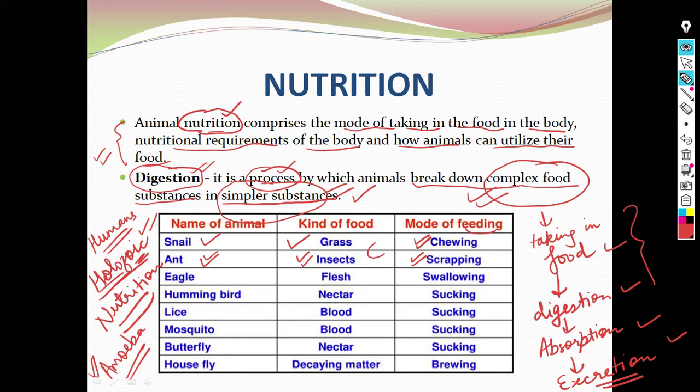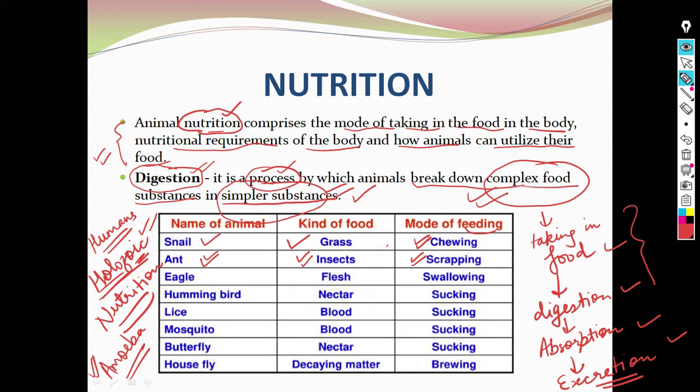Scraping means, suppose there is some paint. If you scrape it, you will take it out, and after some time, because of scraping, the whole paint will be out from there. You are scraping it slowly and taking all the paint out of it.